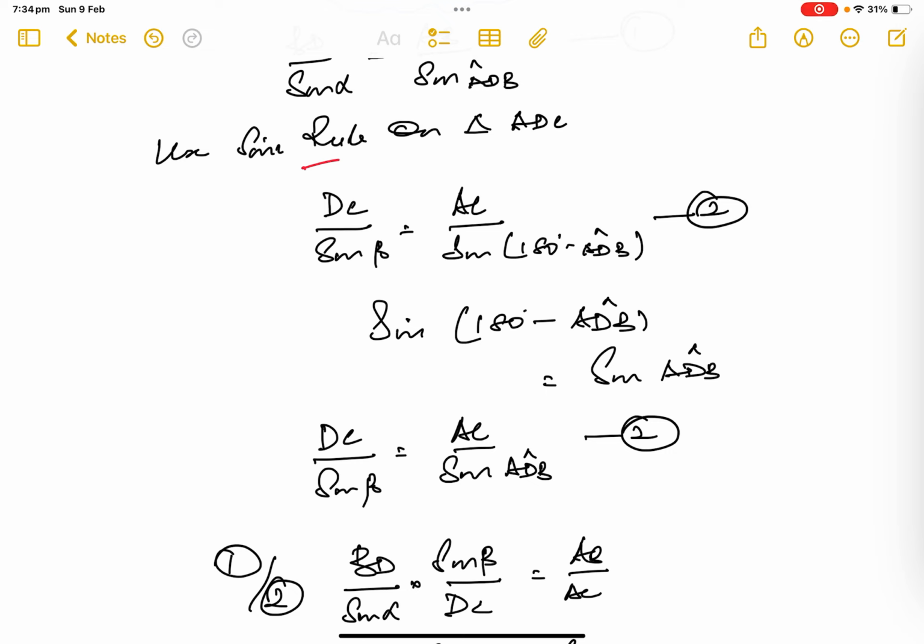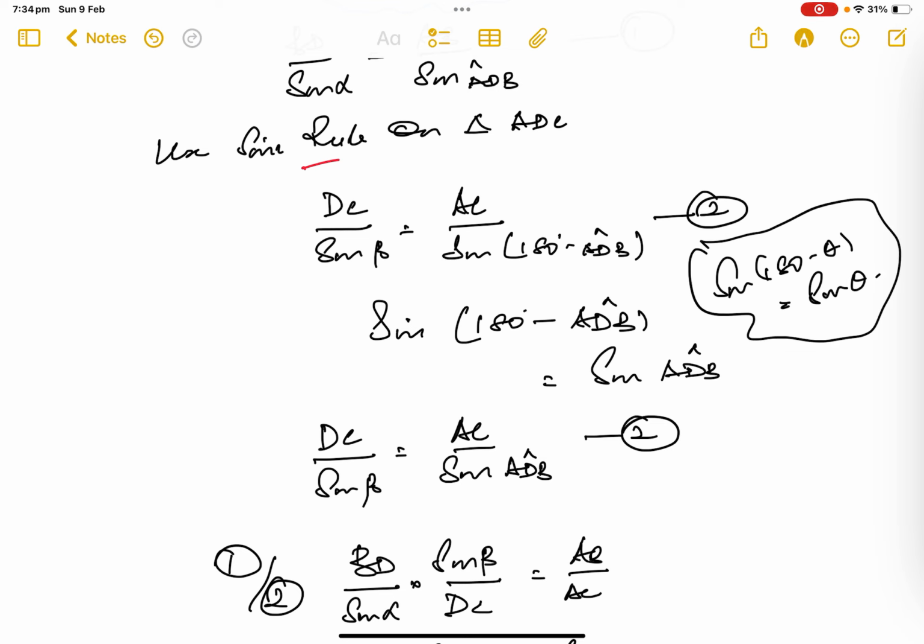This is a sine identity: sine of 180 minus theta equals sine theta. That we have used here. So sine of 180 minus ADB is sine ADB. So just simply the same, right?